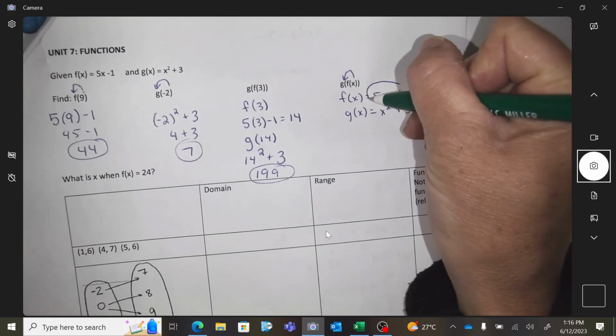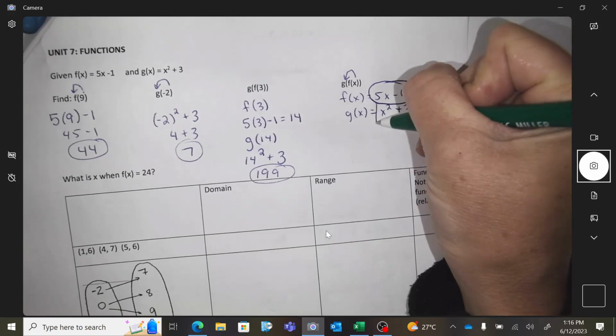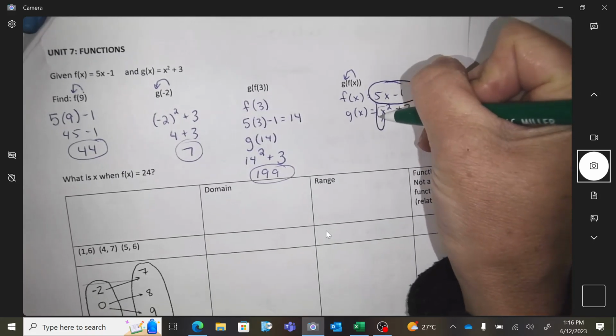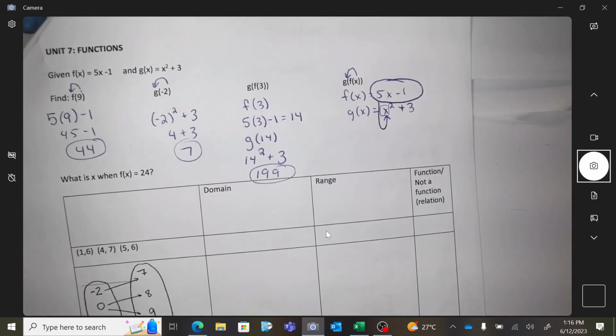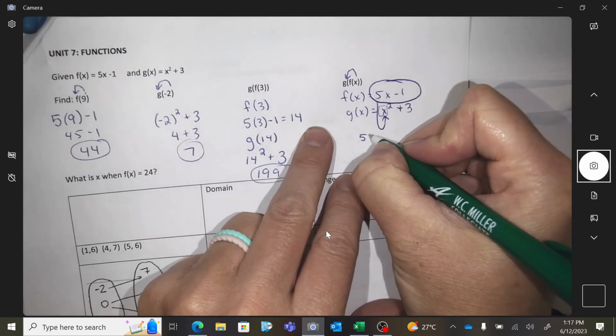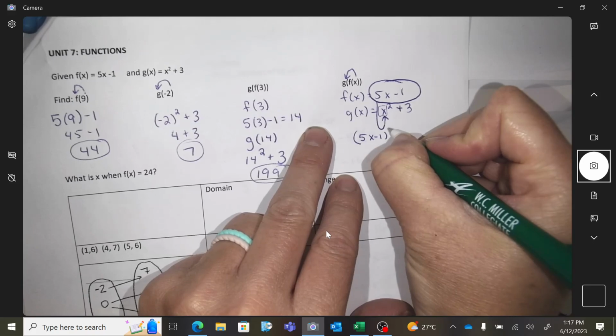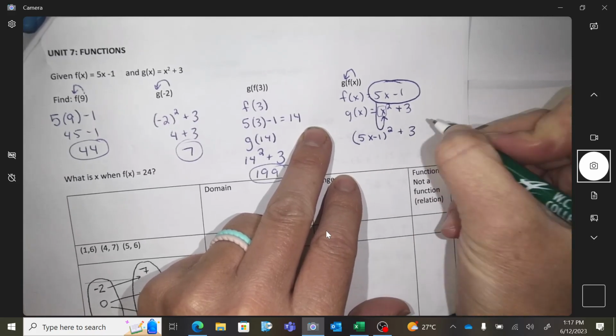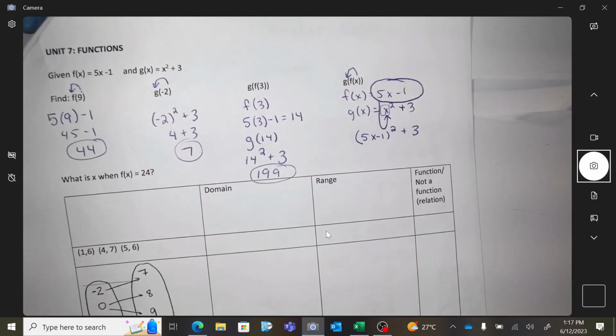So I'm going to take this and replace the x. Does that make sense? Putting the f into the g. So it looked like this: 5x minus 1 gets squared. The input squared plus 3.